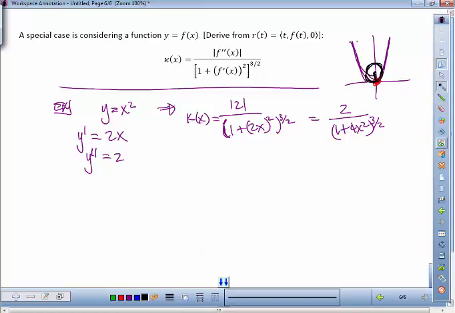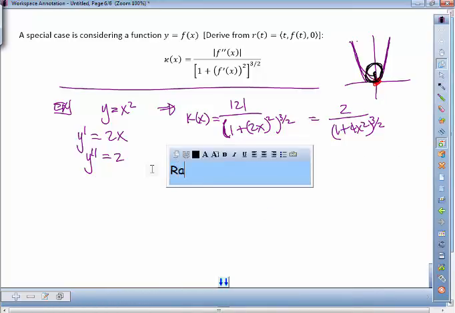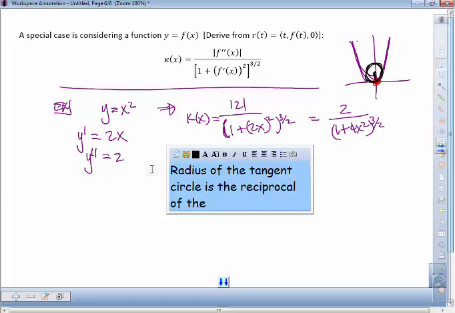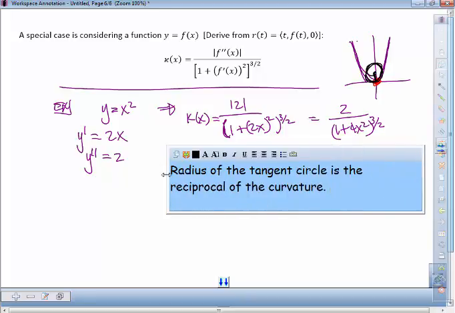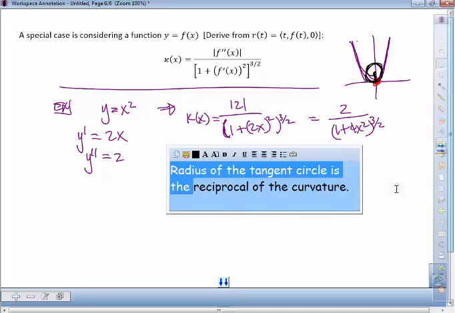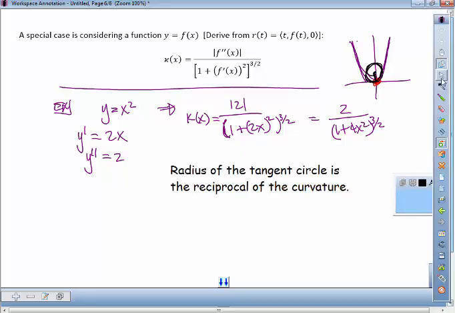It turns out that the radius of the tangent circle is the reciprocal of the curvature. So that's an interesting relationship. If you have a large curvature, you're going to have a small circle. But that kind of makes sense, doesn't it? Yeah? They have an inverse relationship.